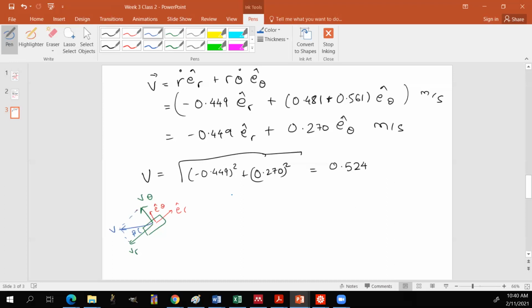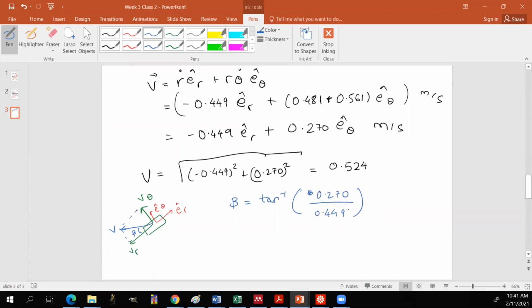So you can find that beta is equal to the tangent inverse of opposite, which is this V theta term, which was this r theta dot, 0.270, divided by the magnitude of your V_R, which is 0.449.